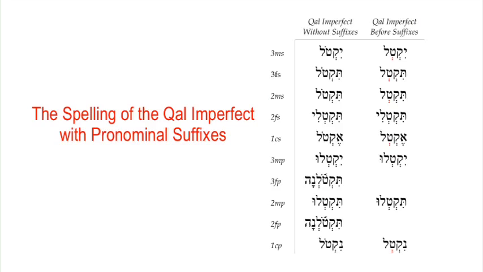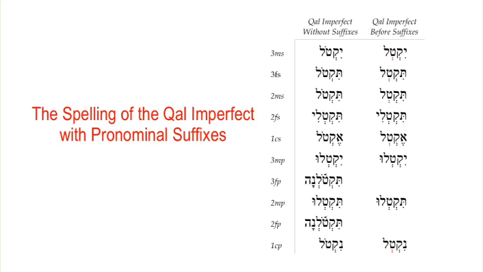Once again, in the left-hand column, you will see the Qal perfect without suffixes. That is the paradigm that you've memorized back in chapter 15. In the right-hand column, you will see the Qal imperfect as it appears before pronominal suffixes. Once again, you'll see two blank spaces, the 3FP and the 2FP. Those forms don't appear with a pronominal suffix in the Hebrew Bible, and so we haven't included them.